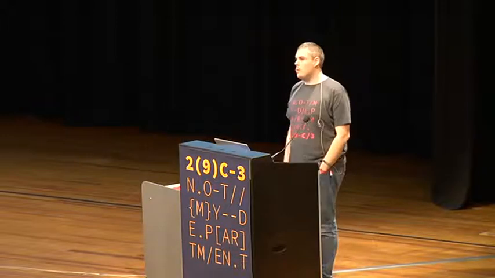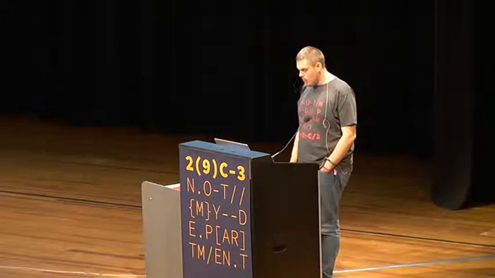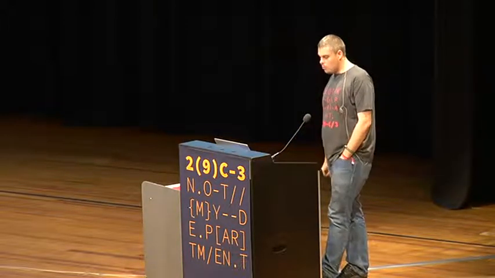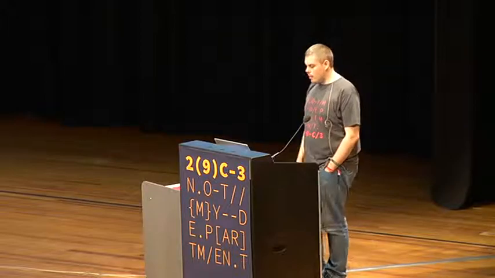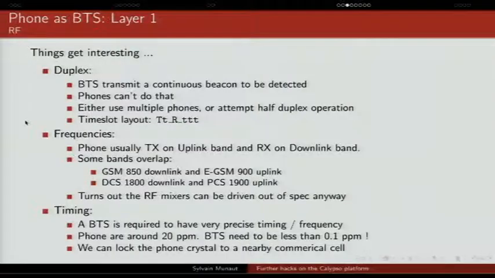As I mentioned before, uplink and downlink use separate bands. So the phone usually receives the downlink and transmits on the uplink, and the hardware is kind of tied to that. More specifically, the mixer part, up conversion and down conversion, are really only specified to work in their respective band.